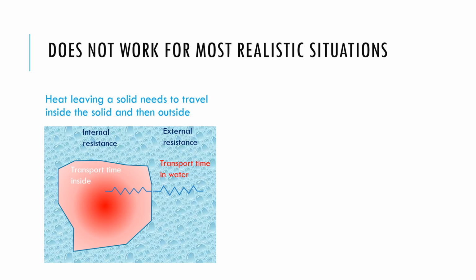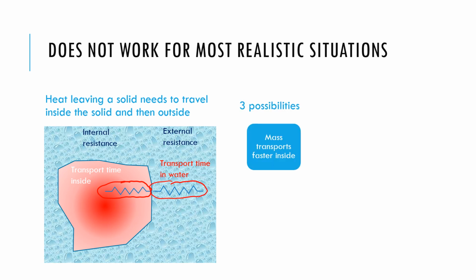In terms of a very general statement, this assumption, for which we're going to develop the equations in more detail later, does not work for most realistic situations. In other words, ignoring the transport time inside compared to the outside doesn't work most of the time.